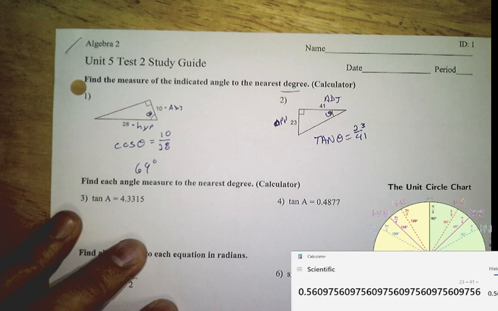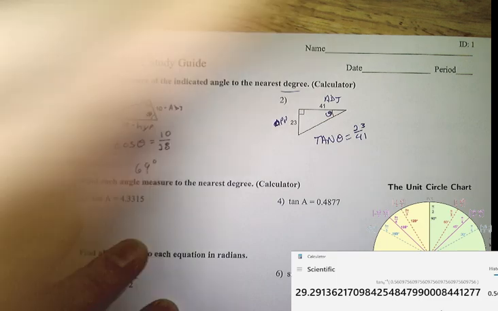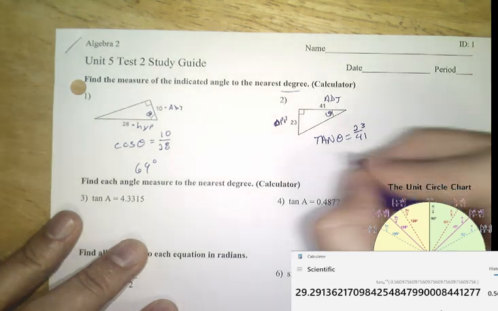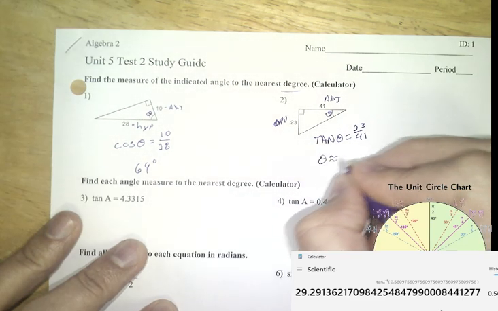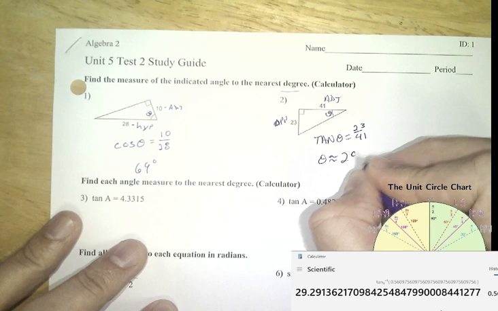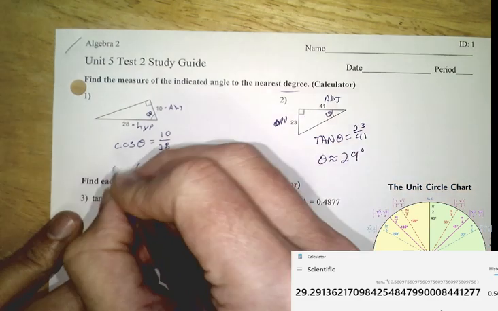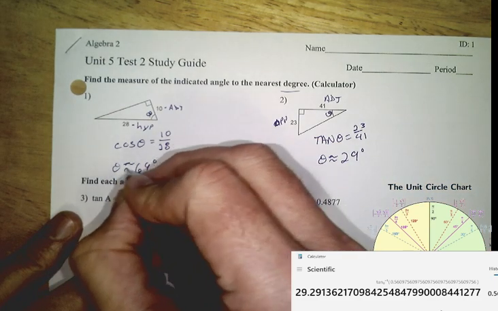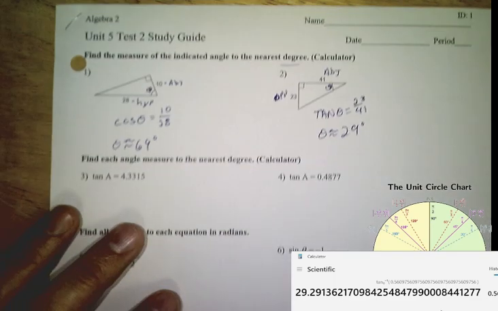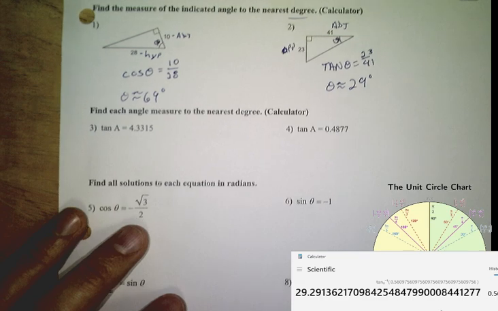We want to take the inverse tangent of that, and we get 29.29 degrees. So theta is about 29 degrees.